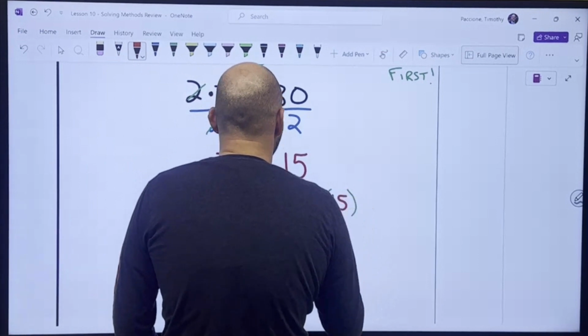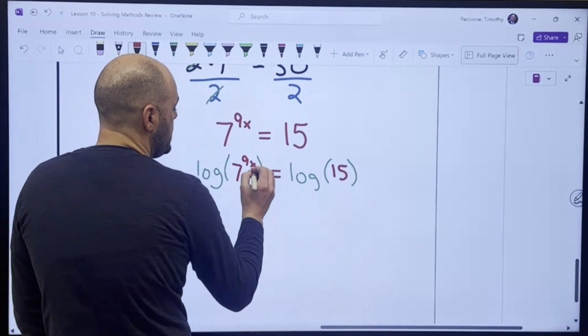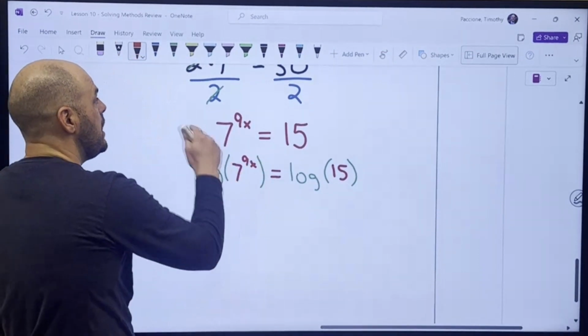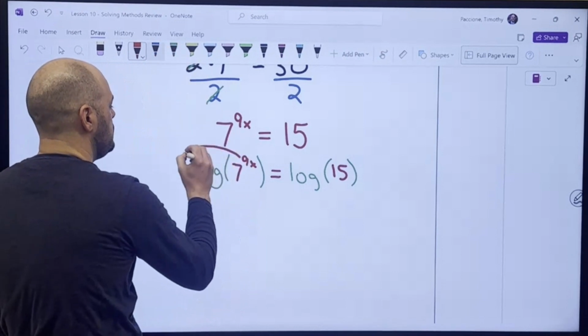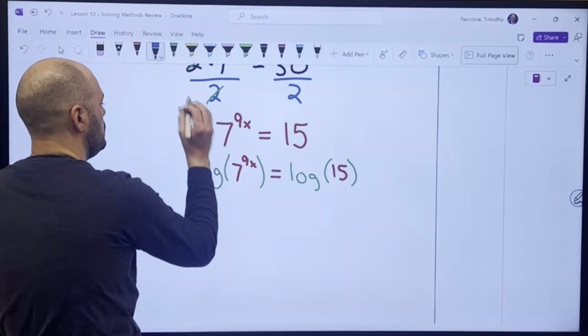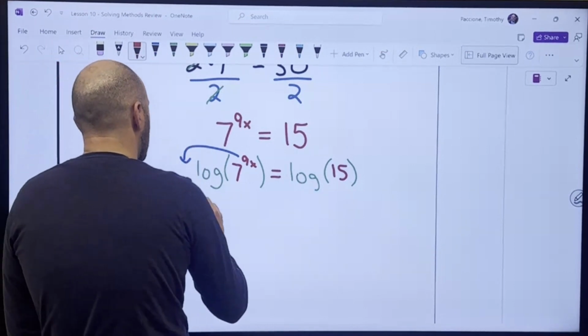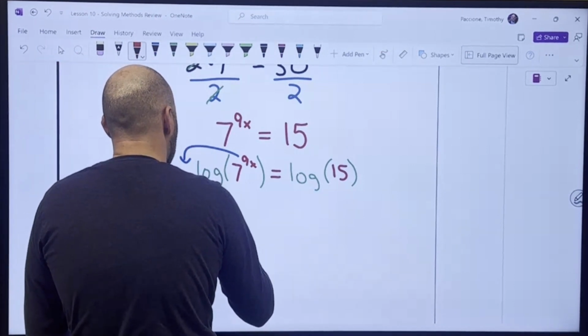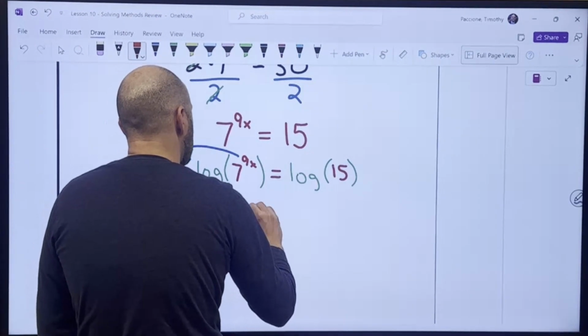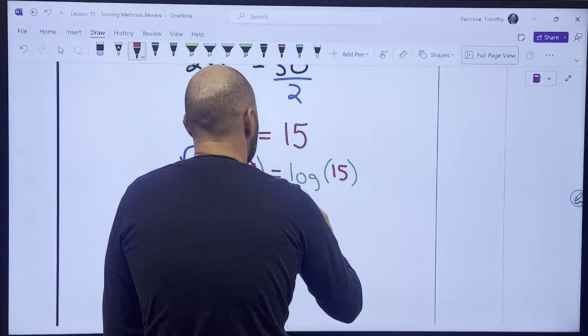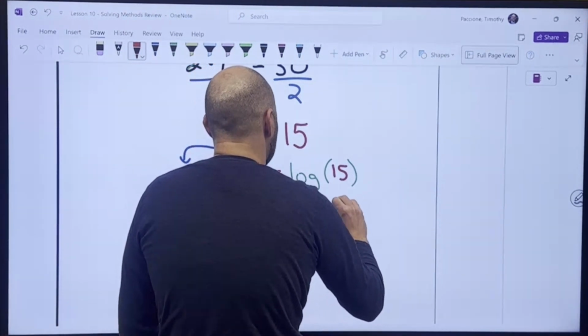And just like in the last problem, my exponent, which in this case is 9x, comes out front. Okay? So I end up with 9x times log of 7 equals log of 15.